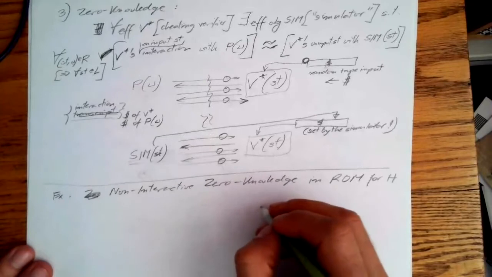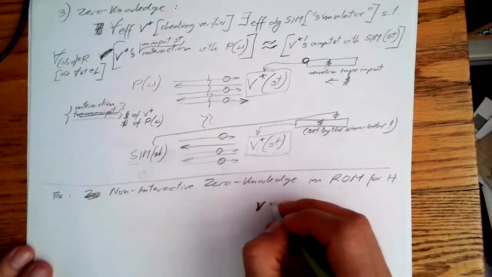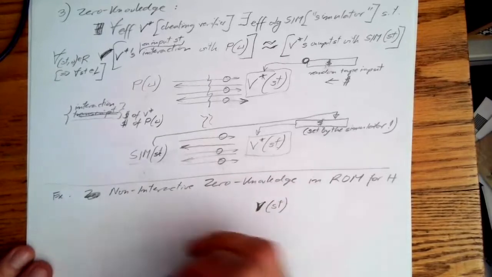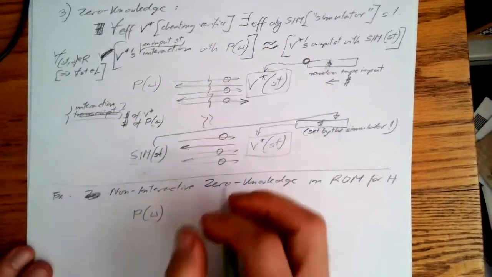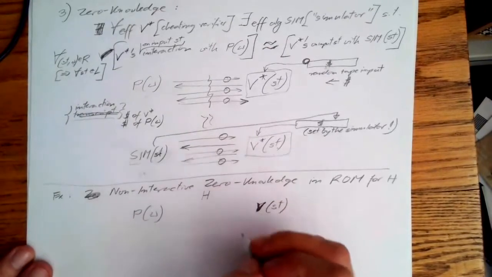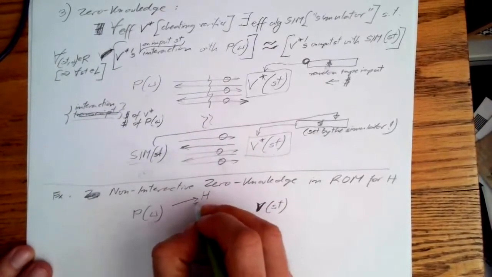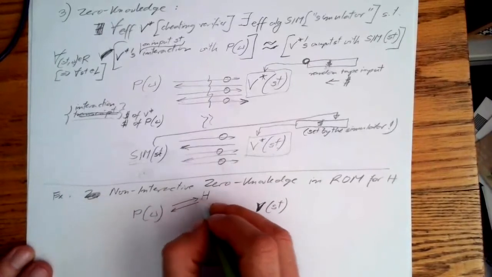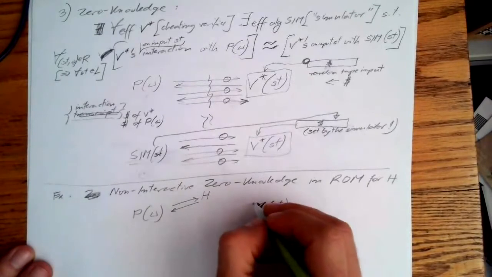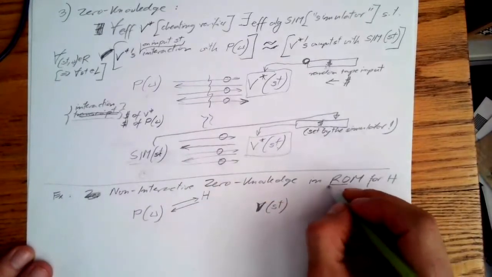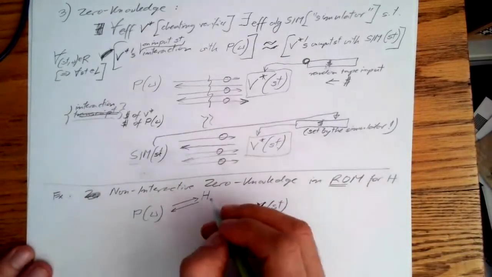So in other words, we have some language, and the verifier will have the statement for this language. The prover will have the witness. There will be a random oracle h that everybody can access, sending some messages and hashing them and getting back the hash outputs. But it's a random oracle in the sky.